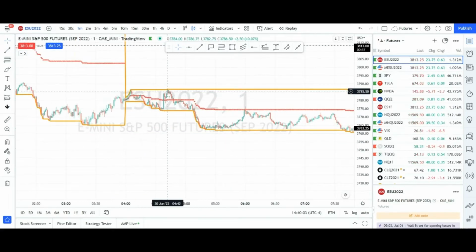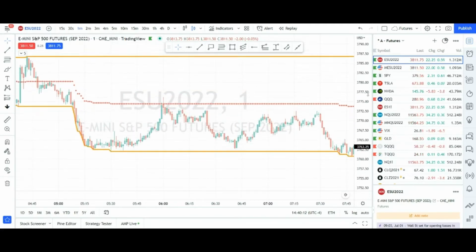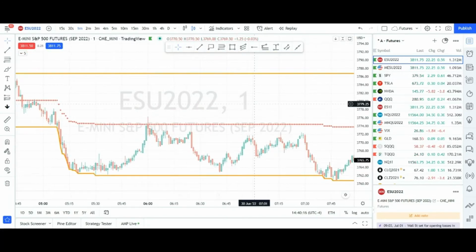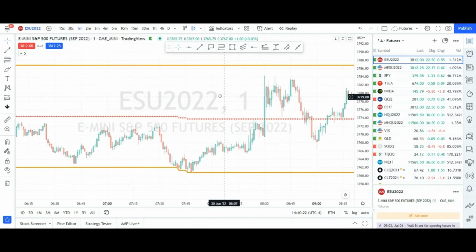If you see, this was the highest candle, 4:42 a.m. So it created a high, it created a low, and also it is creating this red cross. Basically, it is taking the average of this high and low and drawing automatically. You don't need to do anything.